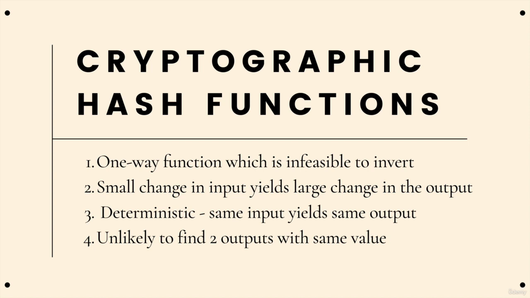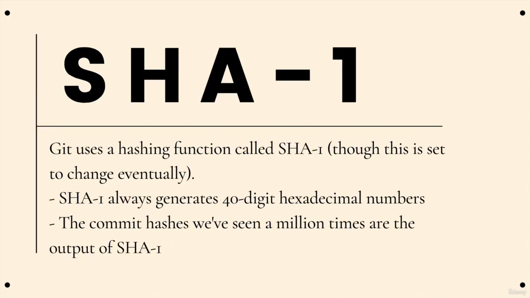Now, we're talking about Git here. We're not talking about cryptography. We're not talking about authentication or cryptocurrencies, but Git uses one of these hashing functions called SHA-1. Although this actually is set to change eventually. It's something that the group behind Git has said, we plan on changing, we don't know when, and it's going to be a nightmare to change, but we plan on it at some point.